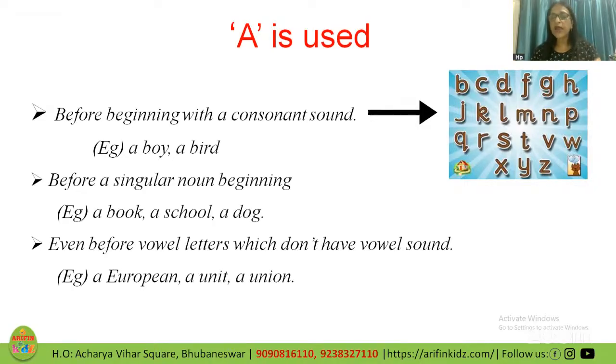As the beginning vowel sound doesn't come, we use a, like unit, union, uniform, unicorn. We write a uniform, a unicorn, a union, a unit, or a one-eyed animal, like that.